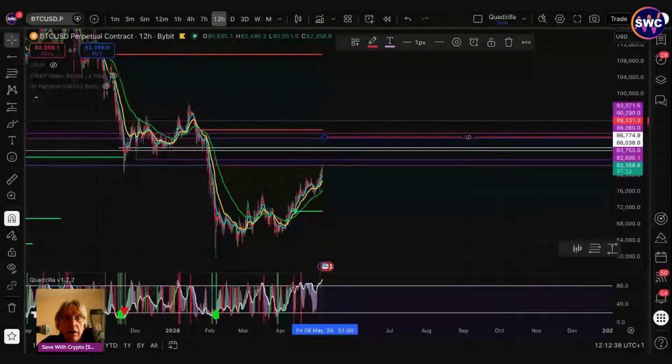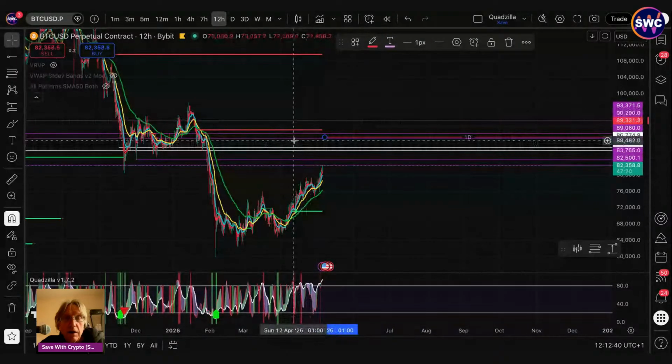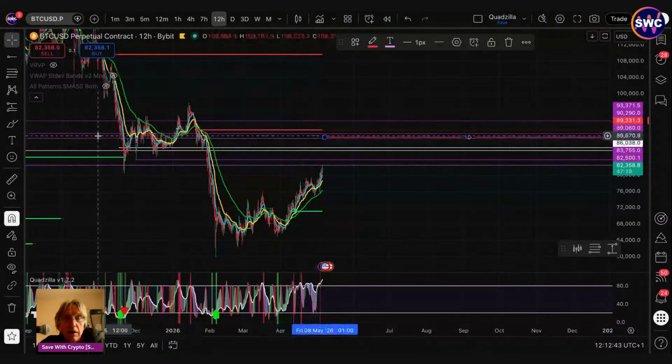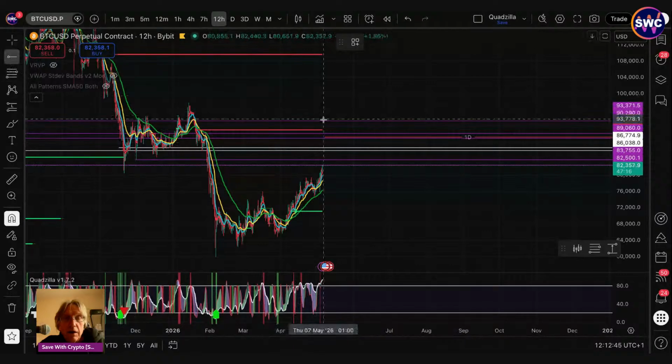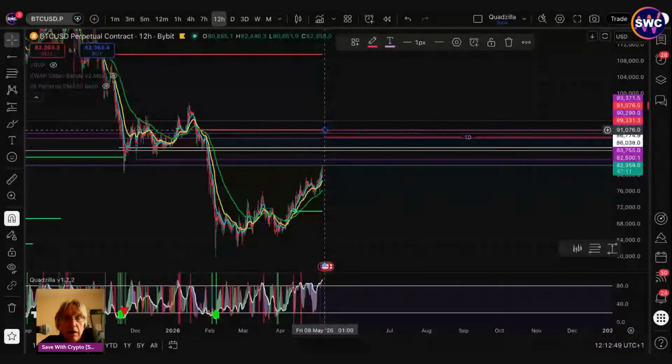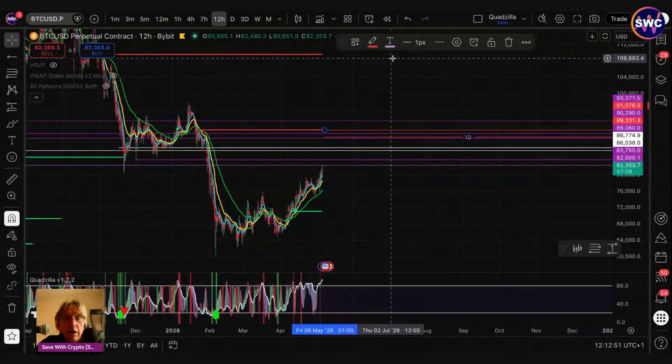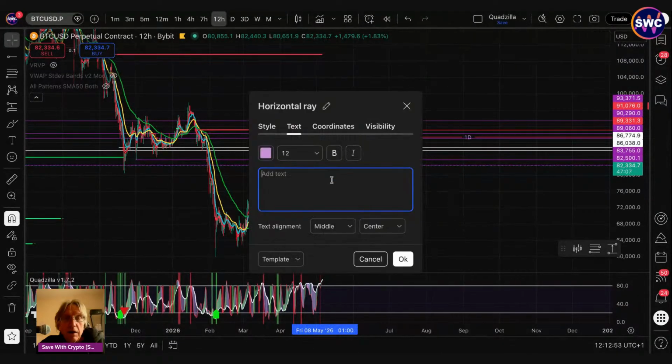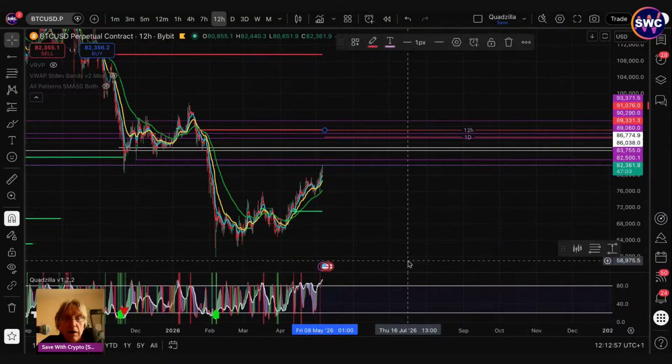Okay, so the 12-hour has got another retracement a little bit higher. Just about there. So let's do that and label that 12H. That looks interesting.